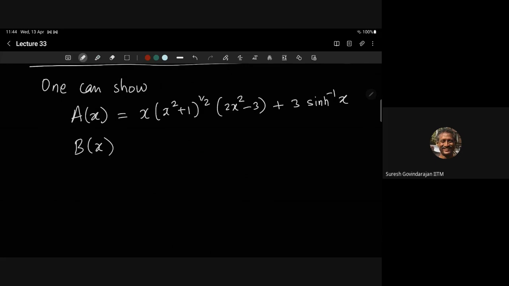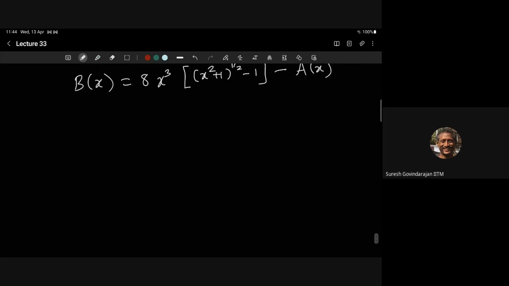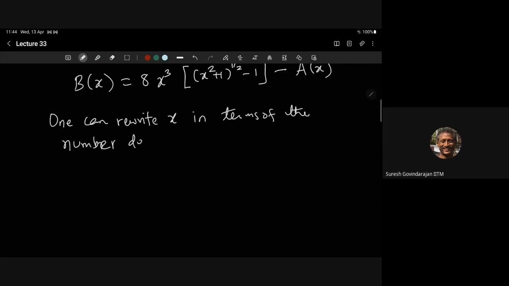One can also rewrite x in terms of the number density, because pf is related to that, as follows.